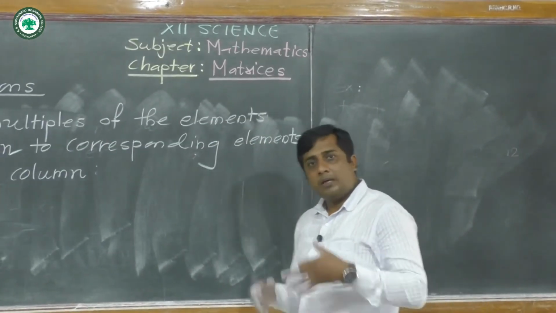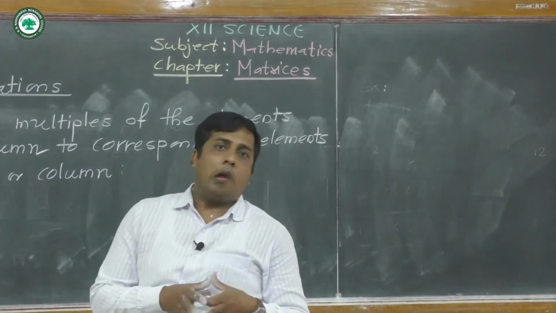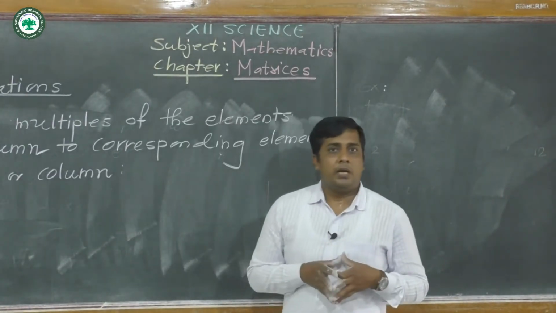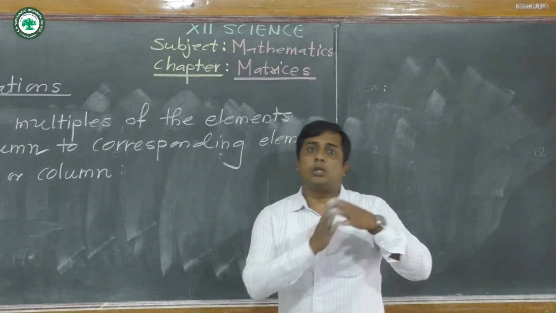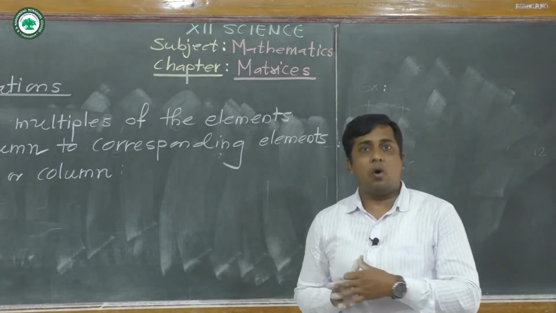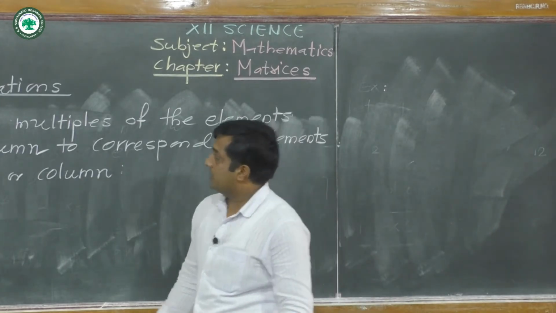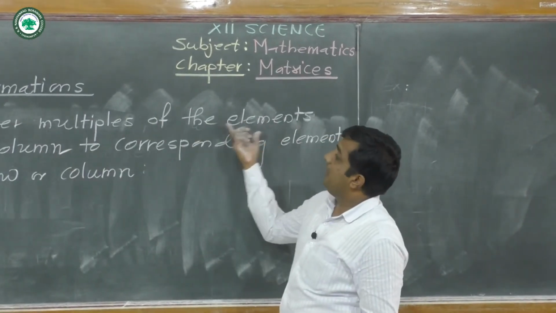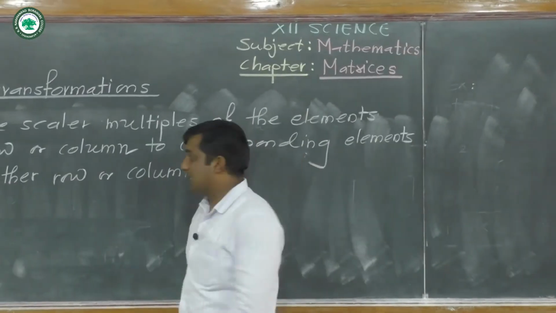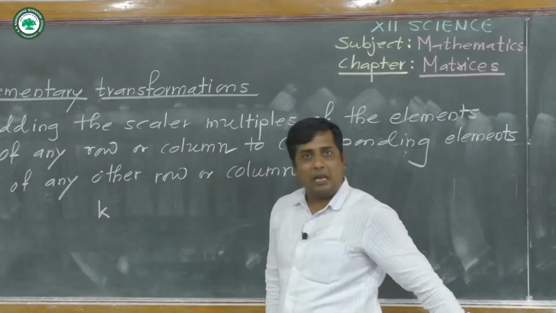We have to multiply here one row or column by the scalar, and we add this with any other row or any other column. Okay, again to define, or we denote here, firstly, the scalar multiples of the elements of any row. Let us consider here k is a non-zero scalar.